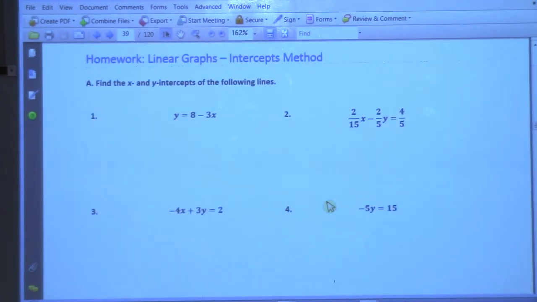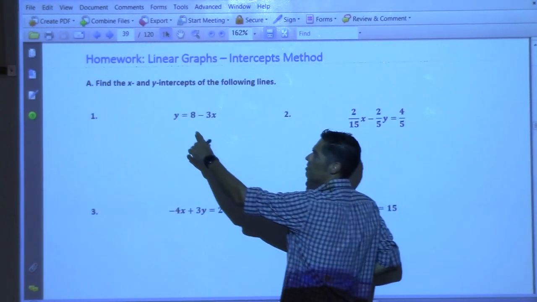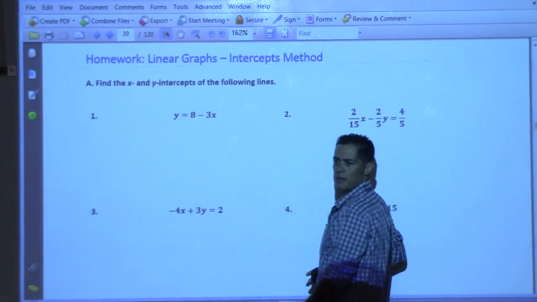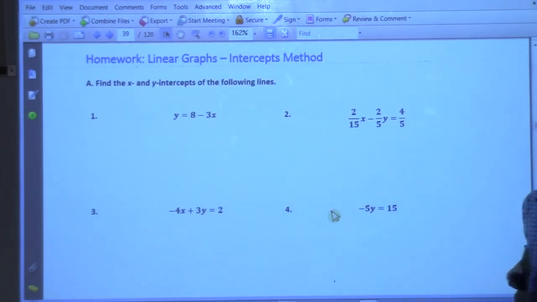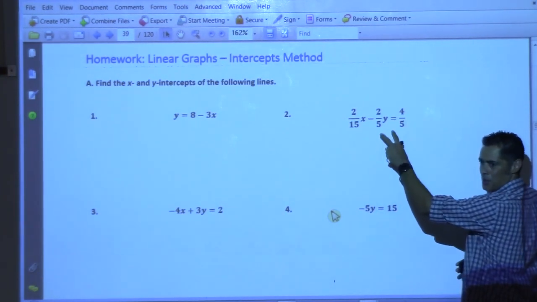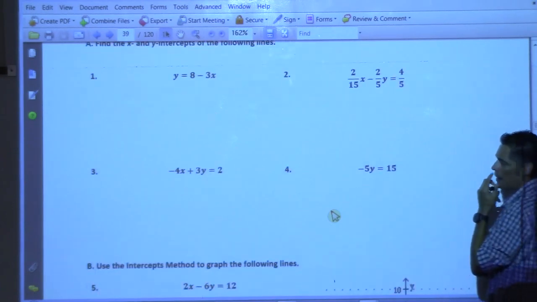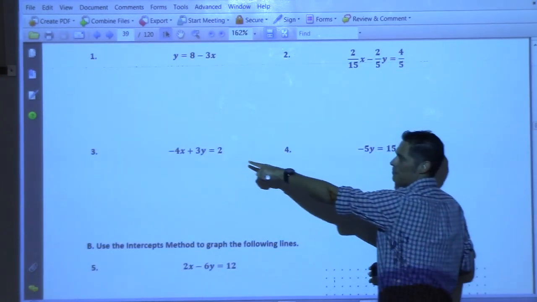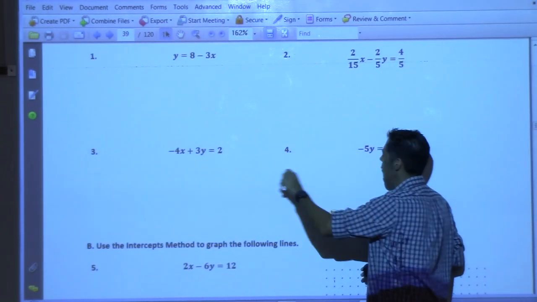Okay. Could you do this? Sketch this using the intercept method? Replace x with 0, solve for y. Replace y with 0, solve for x. Yes? This one? It would suck with fractions, but you could do it, right? Okay. This one? Pretty straightforward.